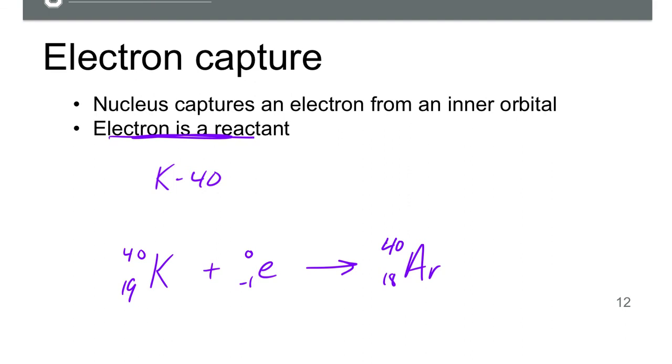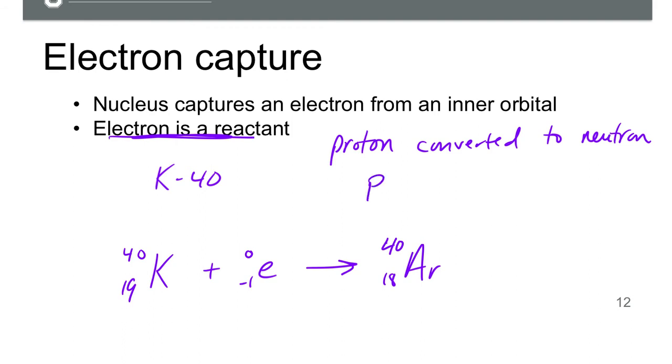Now, this is the example here where what you end up seeing is that a proton is converted to a neutron. And while the underlying process that this is going through is a lot of physics beyond what you need to know, we can show this through our nuclide symbols.